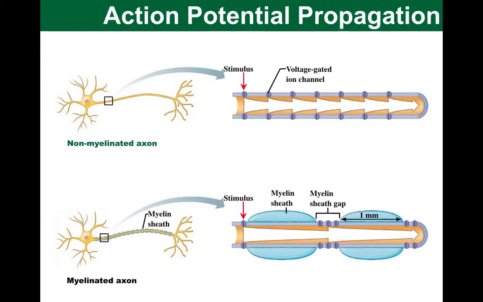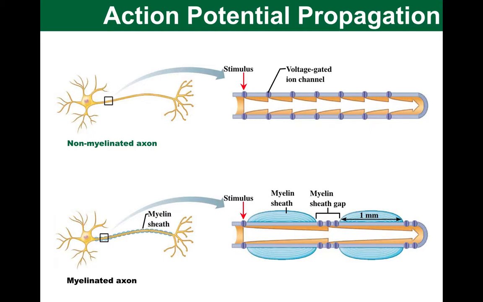The other thing that I want to highlight as a bit of a review is the role of myelin around the axon in terms of the speed of the electrical impulse that is passed. Here we see a non-myelinated axon. So we have no myelin around it, and therefore the conduction is slow since the action potential has to pass step by step throughout the entire length of an axon of a nerve cell.